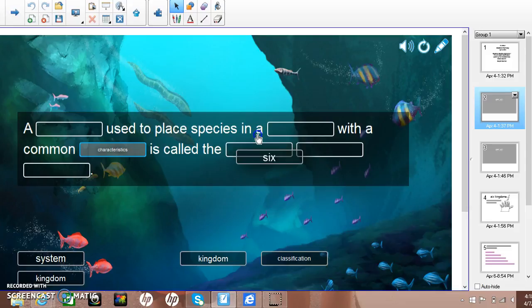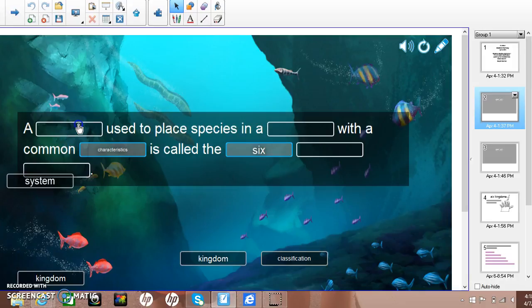Okay, a system used to place species in a kingdom. So a system used to place species in a, and you said kingdom? Kingdom, yeah.